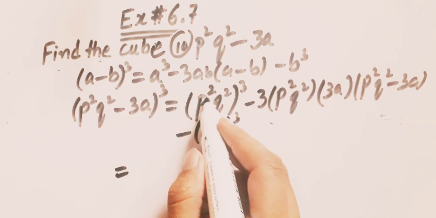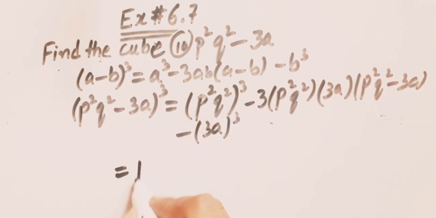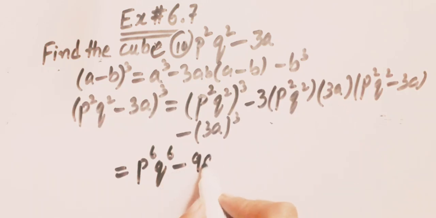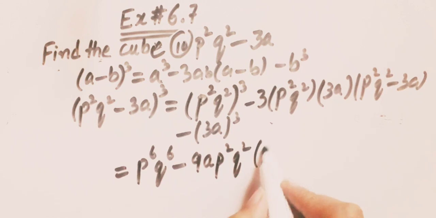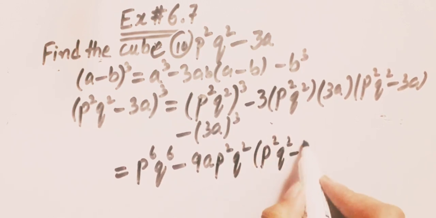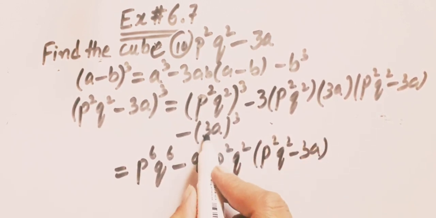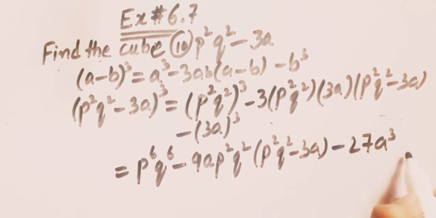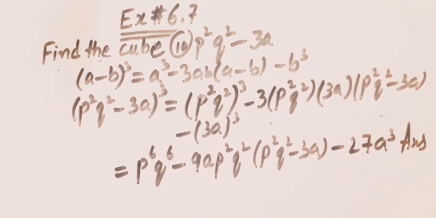So we will get p square q square cube will become p6 q6. 3 into 3 is 9, a p square q square minus 3a, and 3 cube is 27 a cube. So this is the final answer.